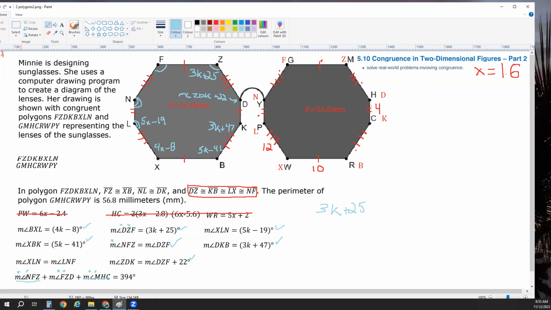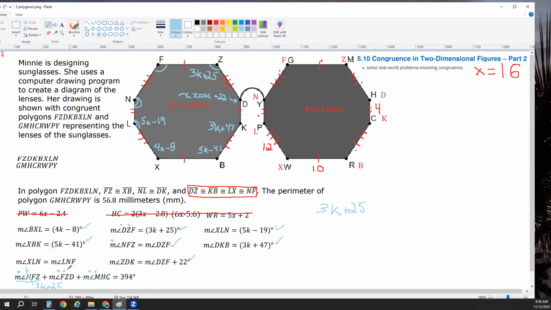Okay, so this is now 3K plus 25, because this is this. Okay, that's the transitive property of equality.